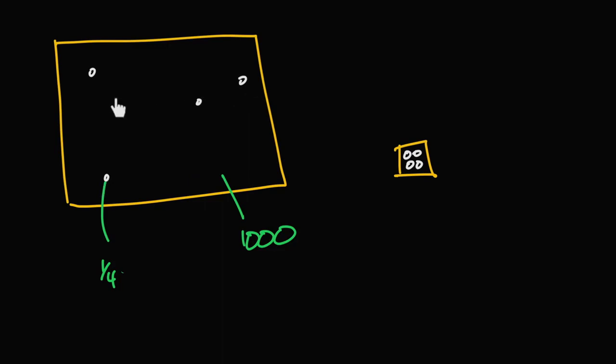Each of these is 1/4. So what is the total volume of these? The total volume is 1 unit for the 4 molecules together. And the empty space is 1000. The total volume is 1001. Now if I double the pressure, this cannot halve, only the empty space halves. What will it become? The total volume is not 500 but 501.